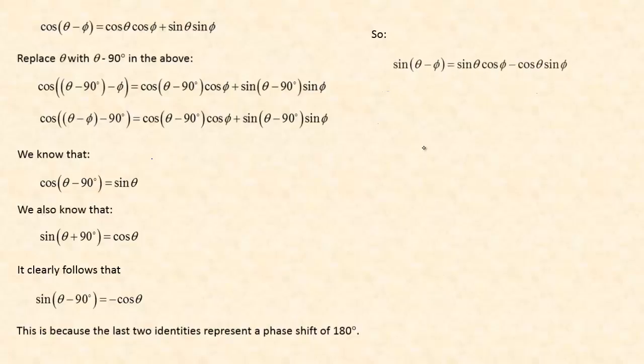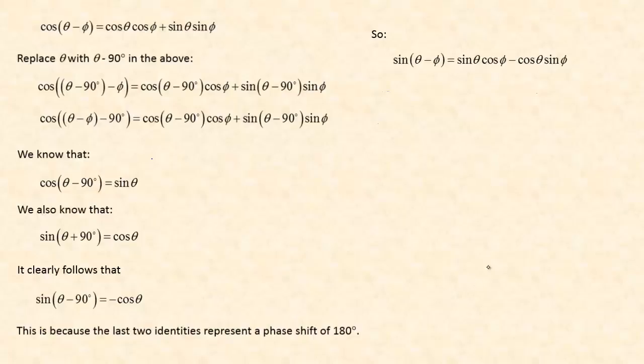So we have now sine of theta take phi, which we got from here. So it's this identity applied here, is going to be sine theta, that's the cos theta take 90, cos phi, minus, that becomes a minus because of this minus down here, cos theta sine phi.